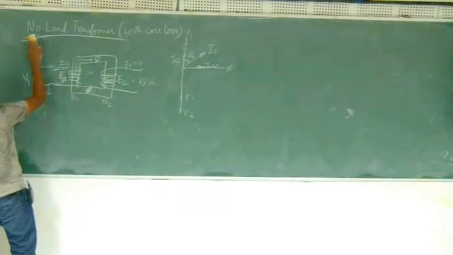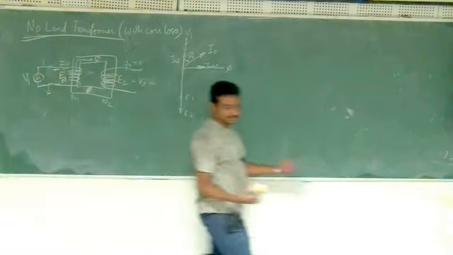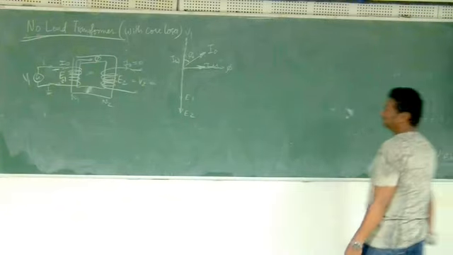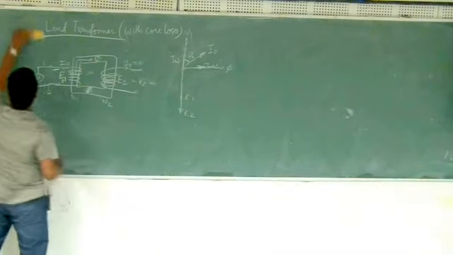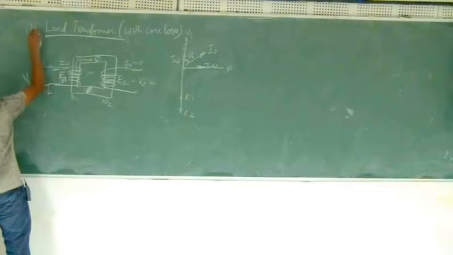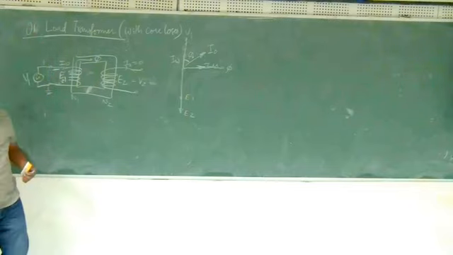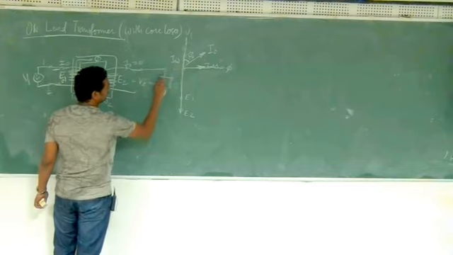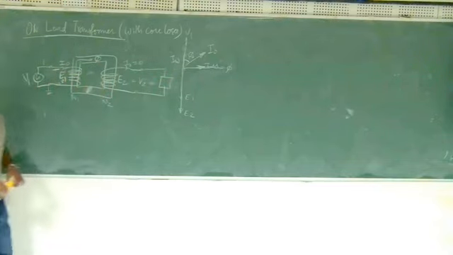Now from no load I'll make it on load, so that means there is some load on there. The moment I connect a load, what happens? We discussed this last week.